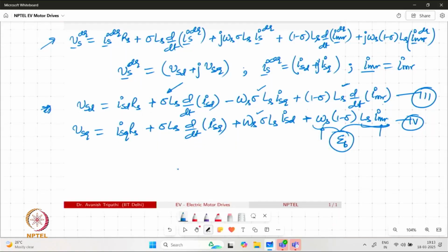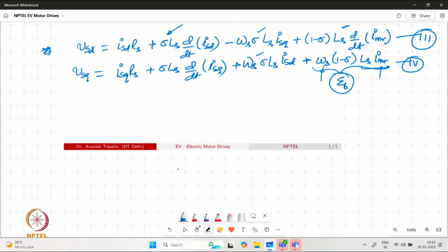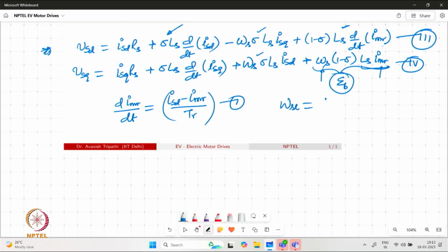So these four equations basically provide us, I will write down the first two equations also for convenience. This was our first equation. Second equation correlates to slip, and then the third and fourth. So these are the equations which correspond to the electrical model of the squirrel cage induction machine.